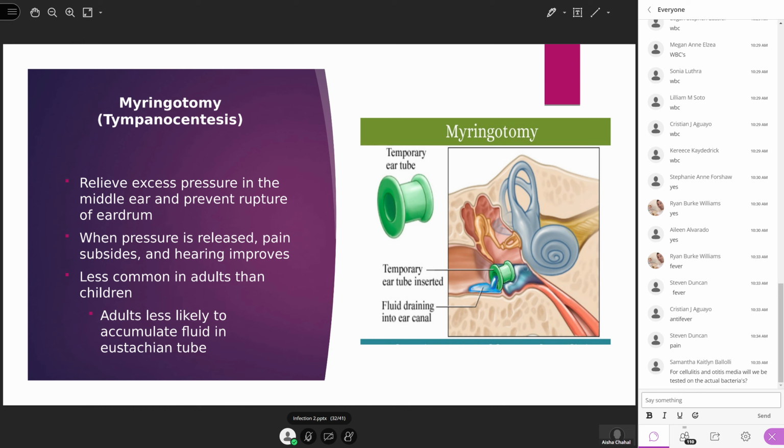Myringotomy or tympanocentesis. In this, what we do is that we go from the external canal, and they place a little tube. This is an ear tube. You might have heard people normally saying that my kid had an ear infection, I had to get the tubes done. So this is basically what tubes are, that in the tympanic membrane, they put this little tube so that the fluid from the middle ear can drain into the external ear, okay?